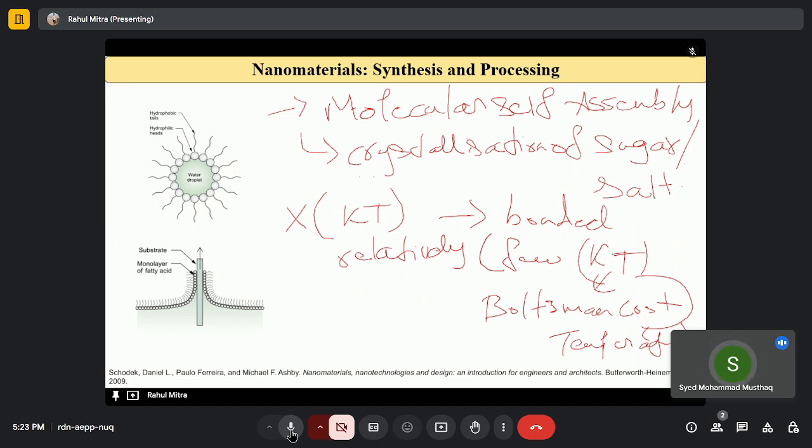Let's say I have a value of Z, which is a few orders greater than Y. That is the energy gap difference between the self-assembly and the reduction in energy.